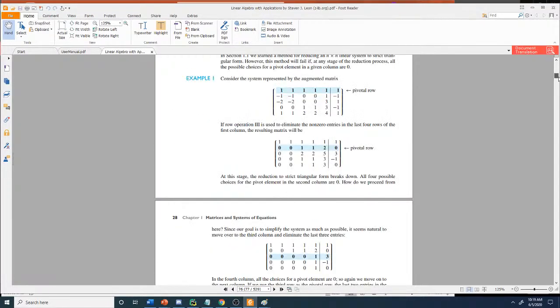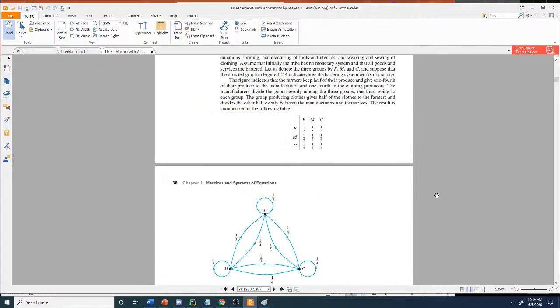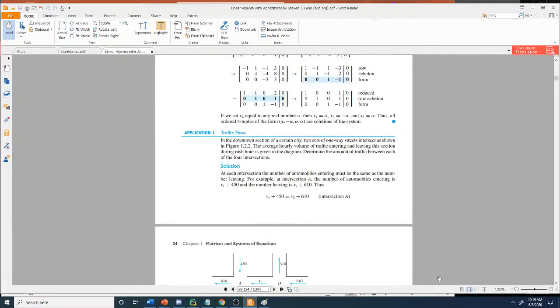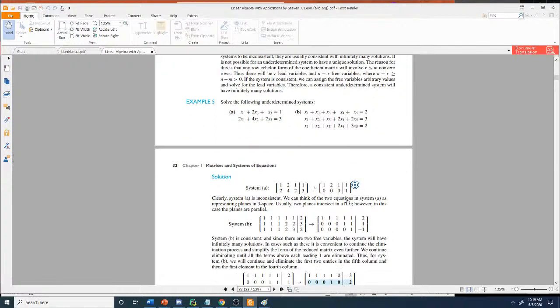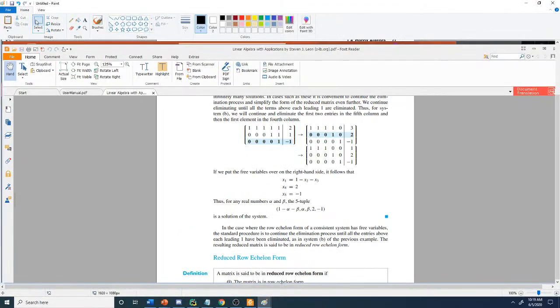Going back a little bit. The matrix needs to be in reduced row echelon form.